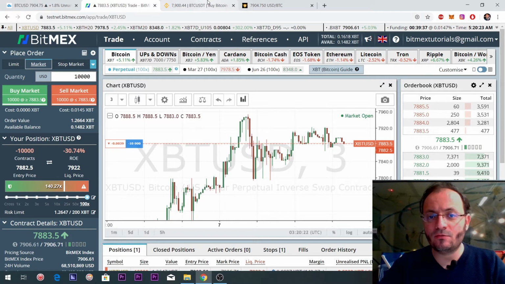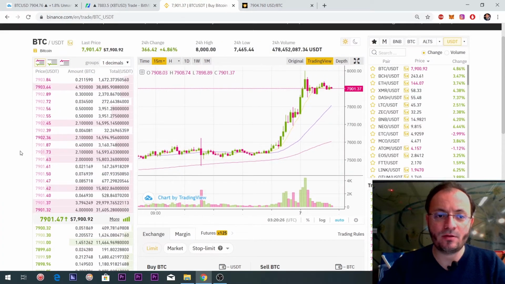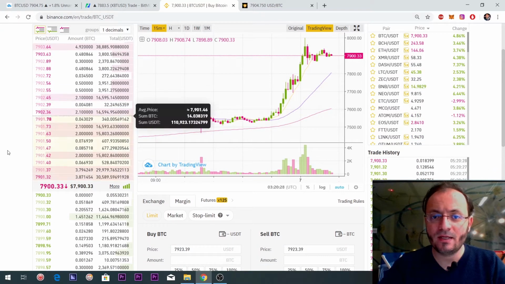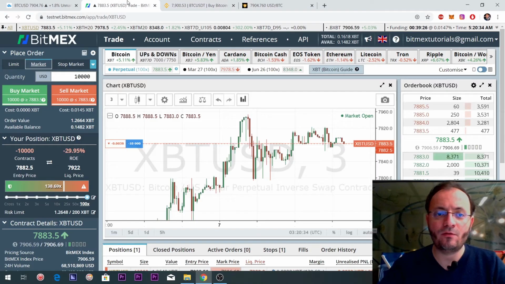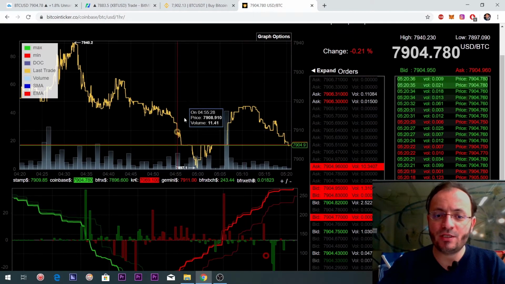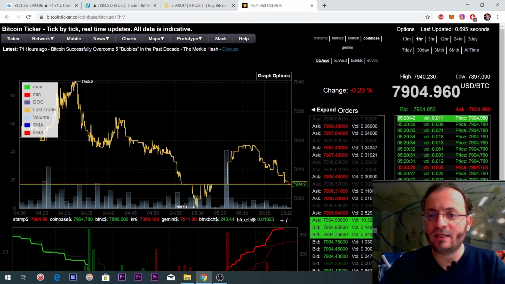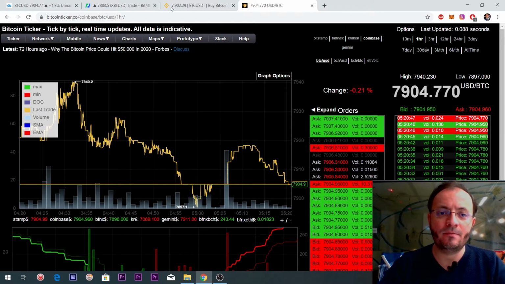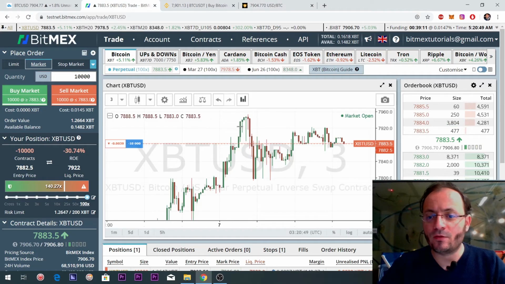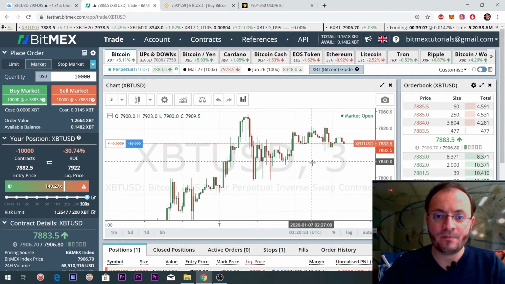You can also look at the buy and sell orders on Binance, even though this is not very relevant for the Bitmex algorithm, which you can find on Bitcoin ticker, the exchanges that are considered for the Bitmex price.